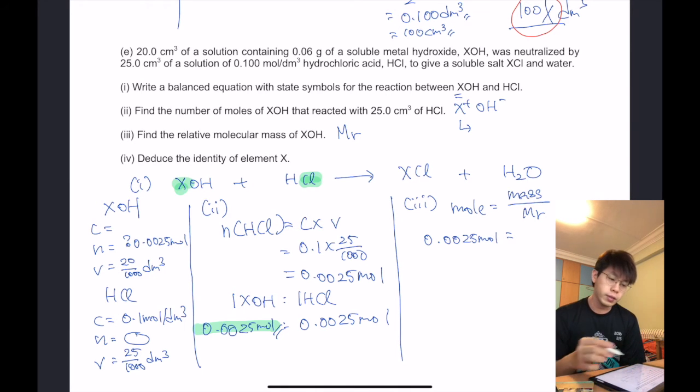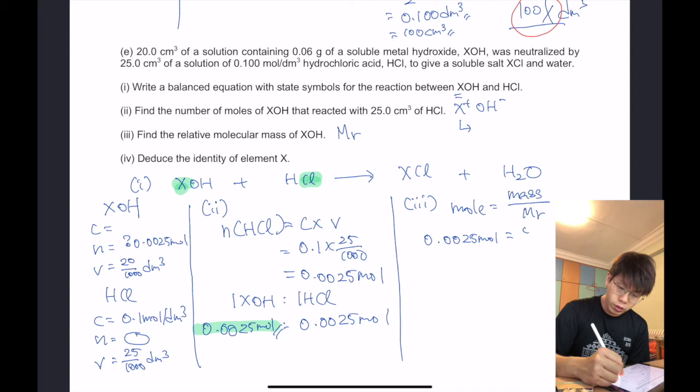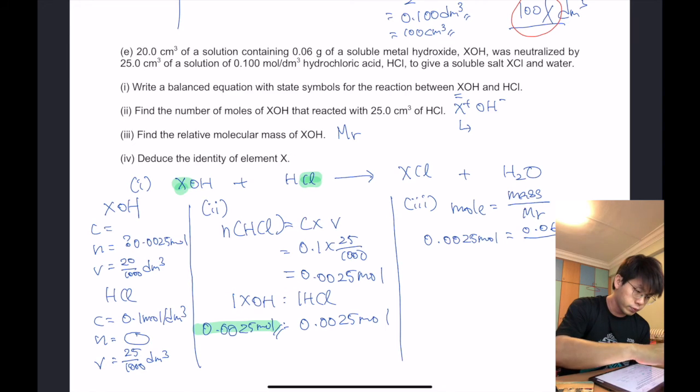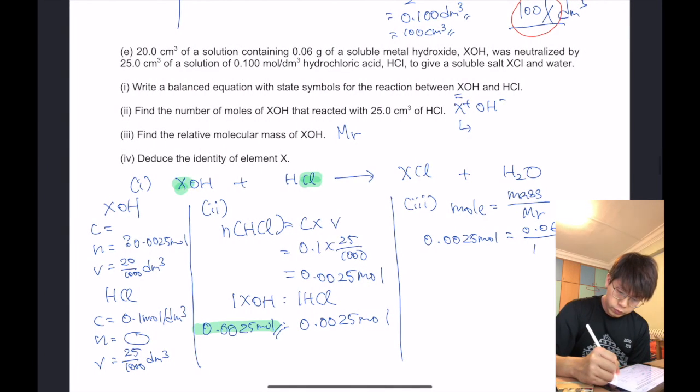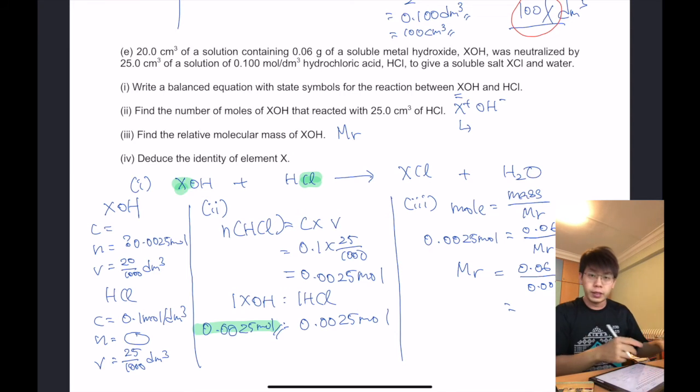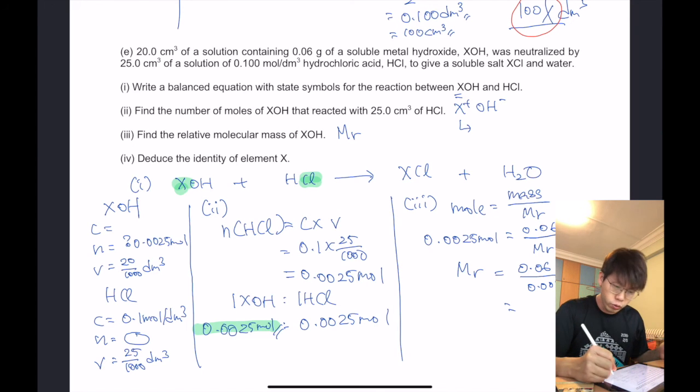Do I know the mass? Yes, the question already told you 0.06 grams. So 0.06 grams is the mass and then the Mr. So the Mr is equals to 0.06 divided by 0.0025, and that will give me 24. There are no units for Mr.